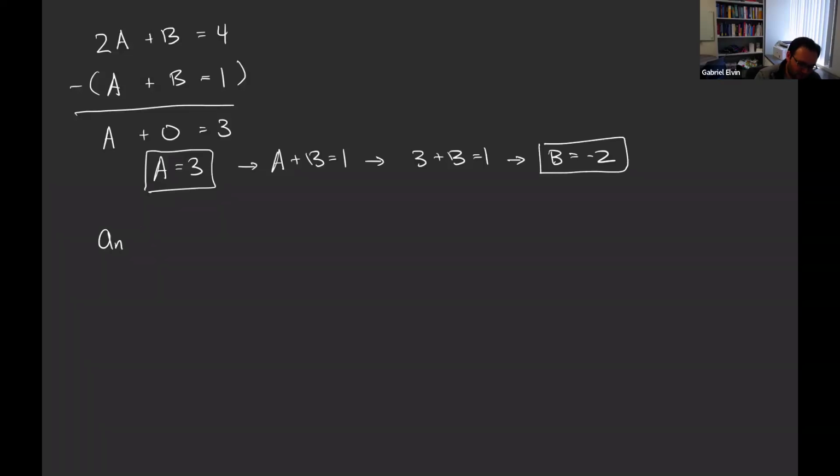So the general form of a quadratic sequence is an squared plus bn plus c. But for this specific sequence, I know that the nth term is equal to 3n squared, because we found that a is equal to 3, minus 2n, because we found that b is equal to -2, plus 1, because we found that c is equal to 1. So we found a closed form of the sequence, which is great.